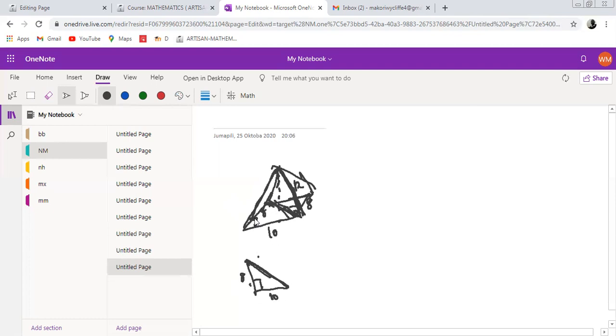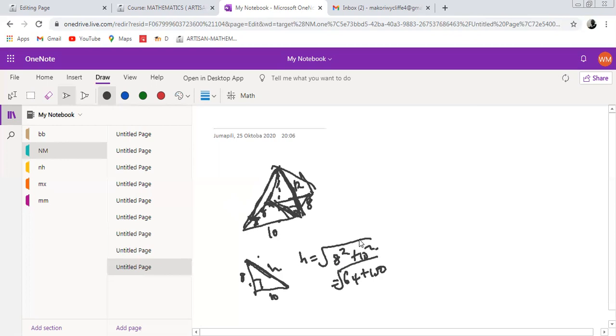Even though the shape looks like this, this particular angle is 90 degrees, because a square and a rectangle normally have all the angles equal to 90 degrees. So you can get that, which is the same as our hypotenuse: h is equal to the square root of 8 squared plus 10 squared, which is the same as 64 plus 100, the square root.